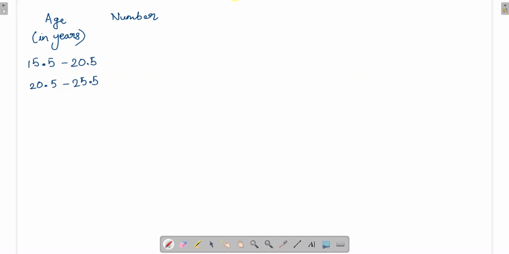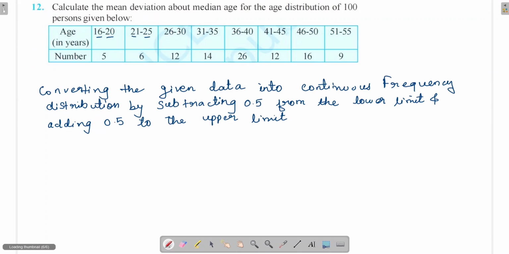So similarly we will write the remaining class intervals.